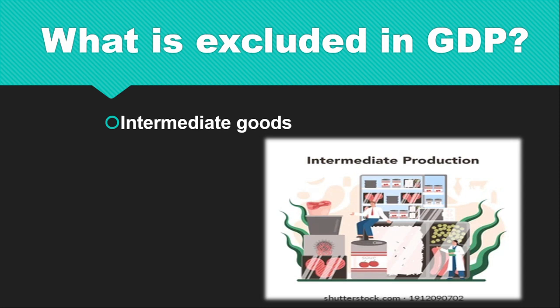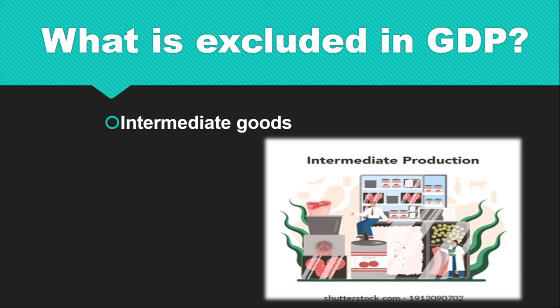So the first one, we are talking of intermediate goods. Now, intermediate goods, we say that are inputs or goods used to produce final goods. So this can be, for instance, if you are producing cars, the parts that you use to produce a car, they're actually intermediate goods, and those parts will not be part of the GDP.